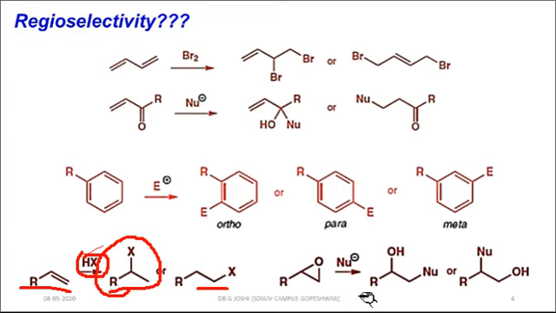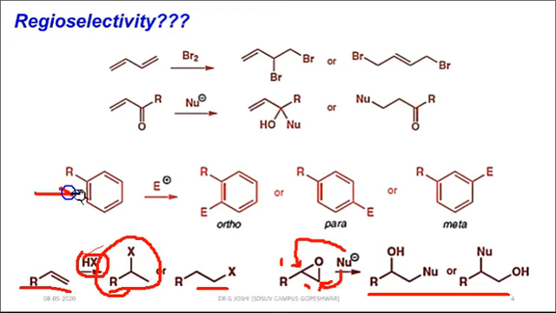Similarly, we can see a similar kind of regioselectivity in ring opening reactions of epoxide, where the nucleophile has two opportunities. It can approach at this carbon, at the same time it can approach at this carbon to open the ring, but depending on the reactivity of the nucleophile as well as the steric effect around this reaction, the addition of nucleophile on this carbon and this carbon takes place selectively.